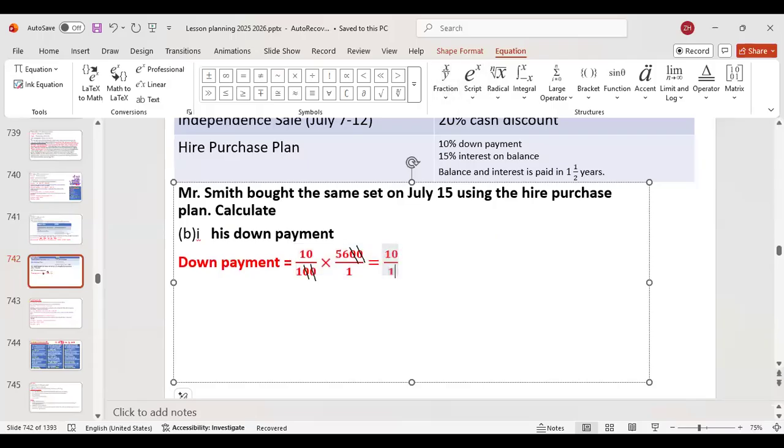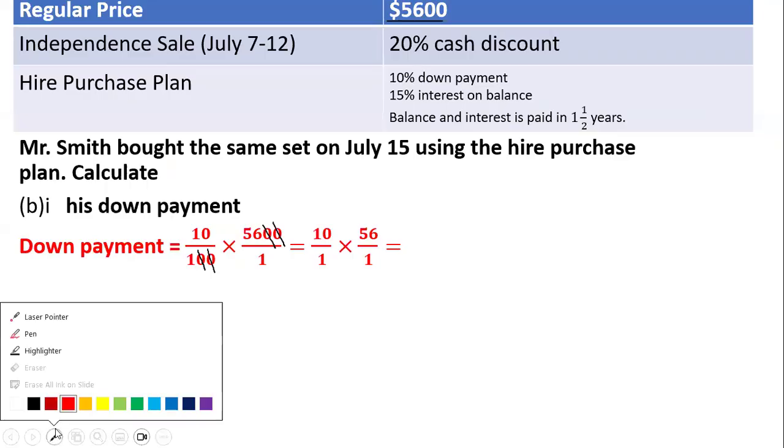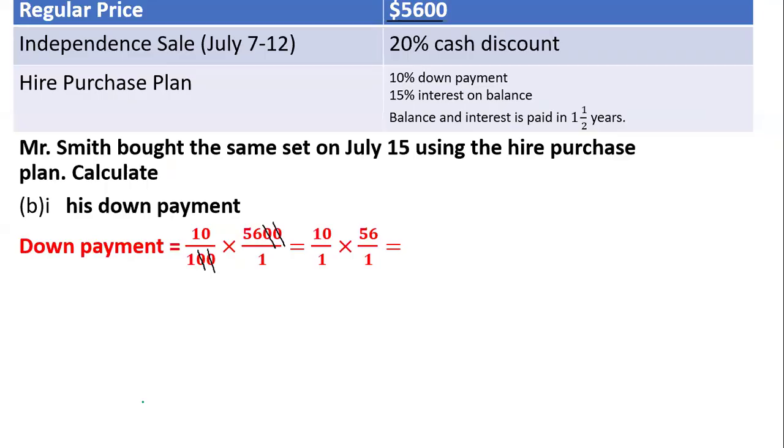Very good. 10 over 1 multiplied by 56 over 1, which is equal to what? What is 10 times 56? What is 10 times 56? Say it again. 5.6.